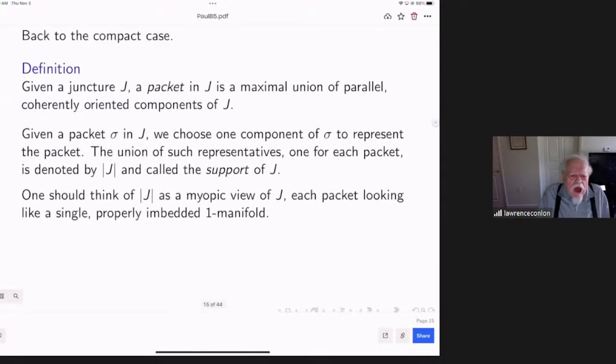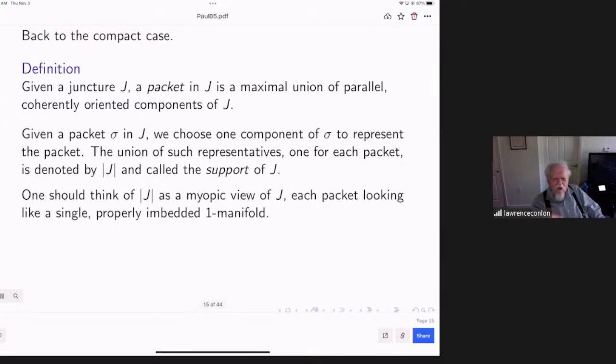Now, we go back to the compact case. So F is a compact surface, and actually it's one of these components of R gamma. Now, given a juncture J, a packet in that juncture is a maximal union of parallel, coherently oriented components. So given a packet, choose a representative of that packet and actually think of the packet as sort of collapsed to one of its elements.